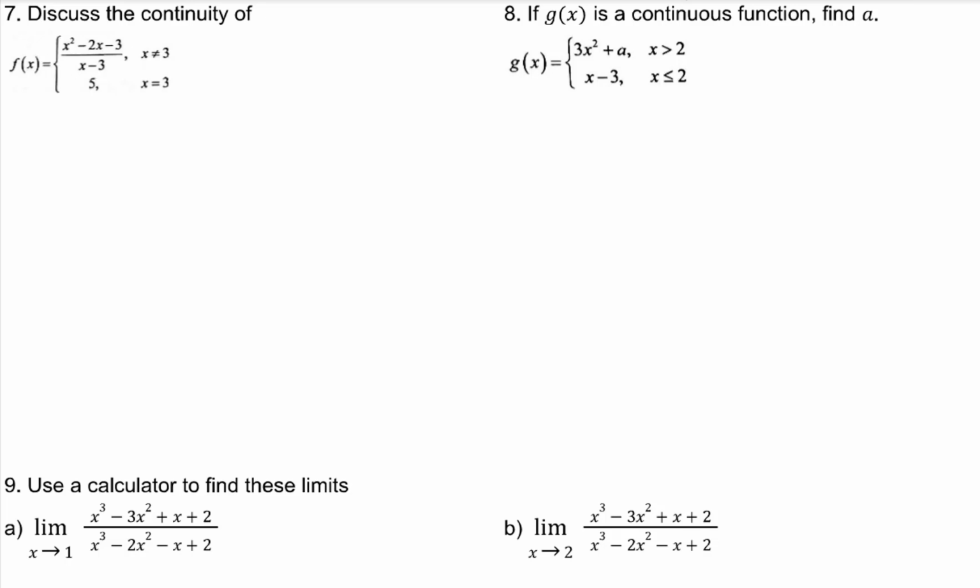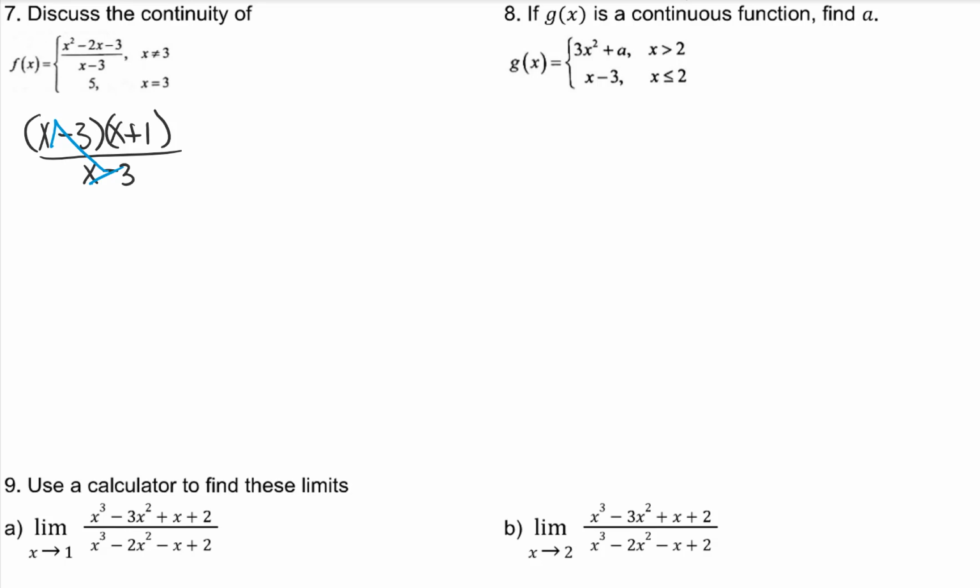Is it a vertical asymptote or is it a hole? So I'm going to factor the first piece, x minus 3 plus 1. All right, x minus 3 over x minus 3 does reduce, so we know that x equals 3 is a hole, not a vertical asymptote.